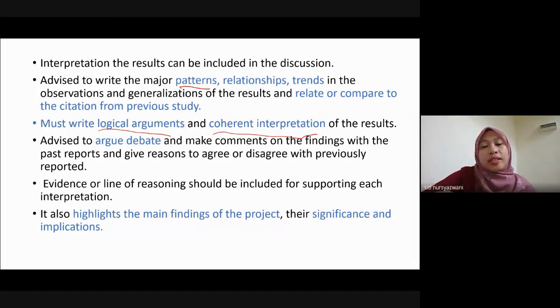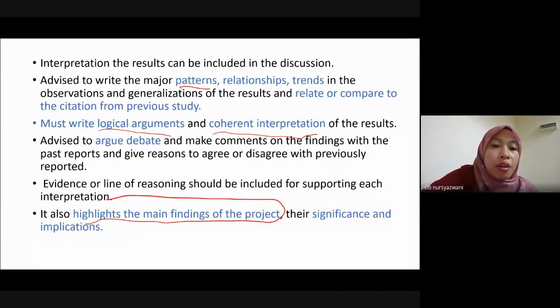Okay, so you cakap lah this result is similar to, according to siapa. So all of you kena buat comparison tu dengan previous study. Evidence or line of reasoning should be included to support each interpretation, and it should also highlight the main finding of your project and also you punya significance and also implication.